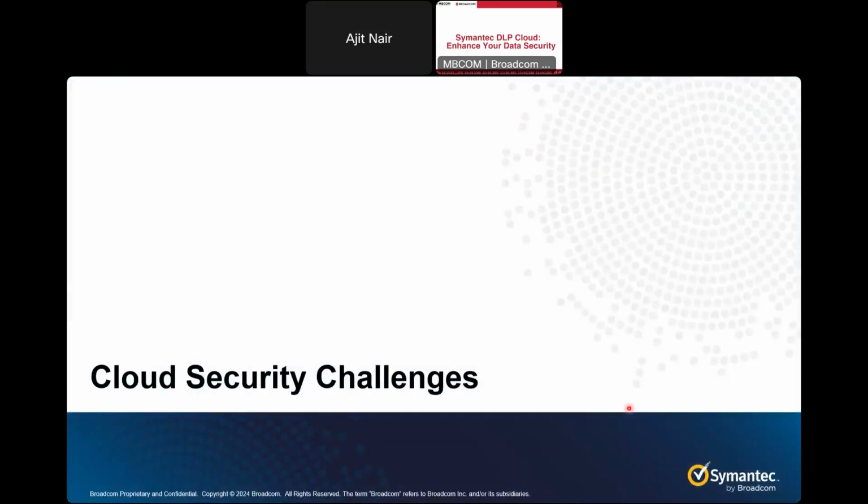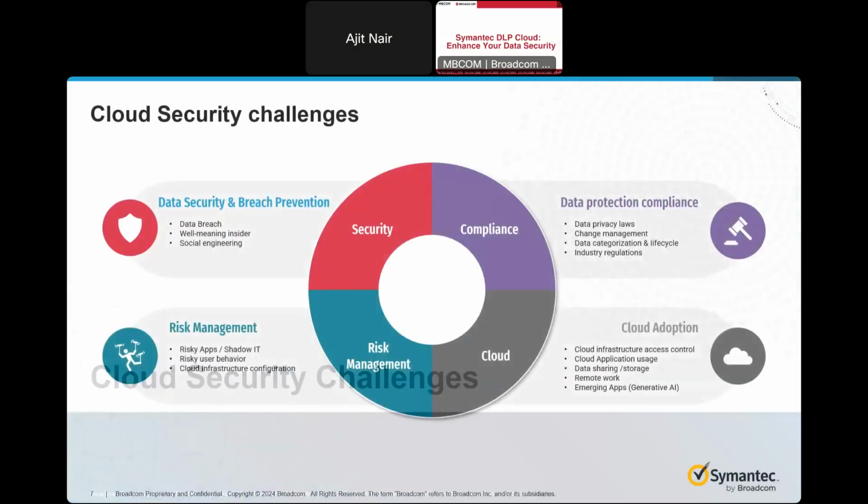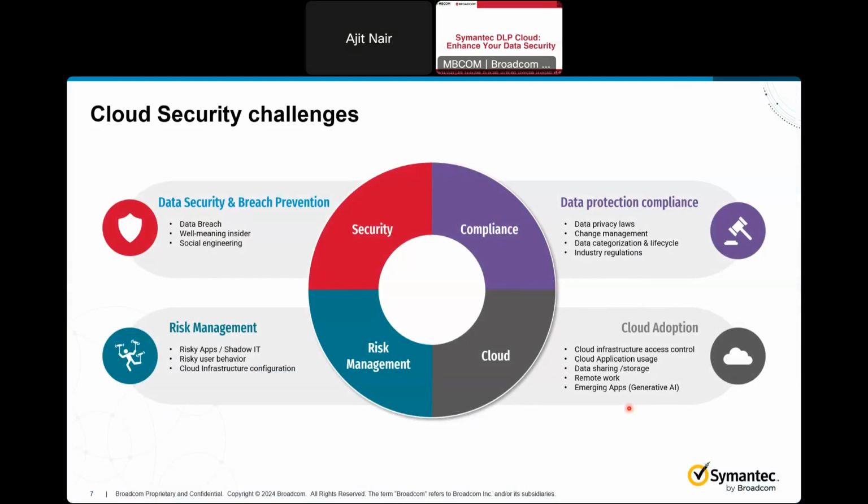Let's discuss some of the challenges now in cloud security. As you can see on the slide, information security contains four key areas: data security, data protection and compliance, risk management, and cloud adoption. Data security is basically the cornerstone of information security.